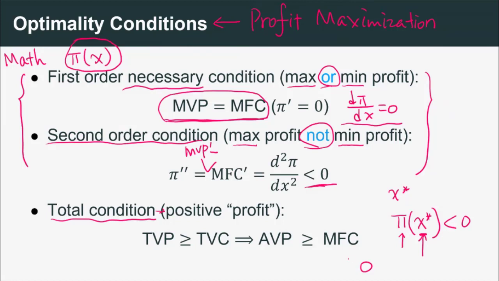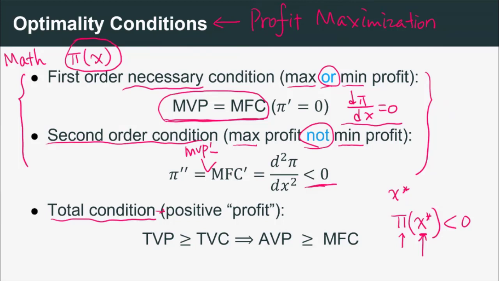The producer will choose x star equal to 0, will not use any input, and the output will also equal 0. So in your MFC, MVP, and AVP curve, this means the AVP curve is above the MFC curve.